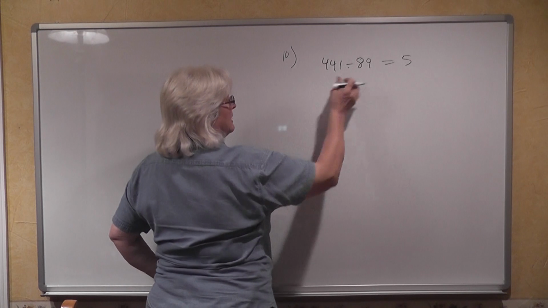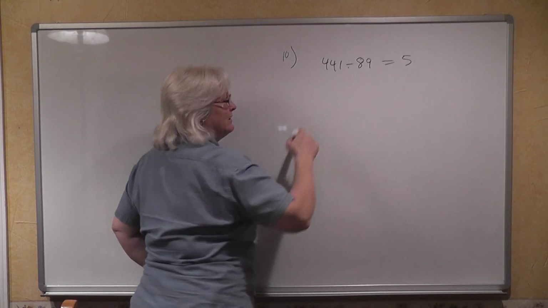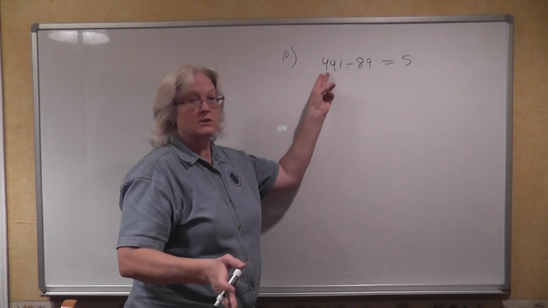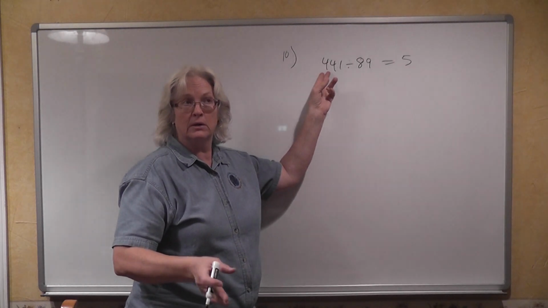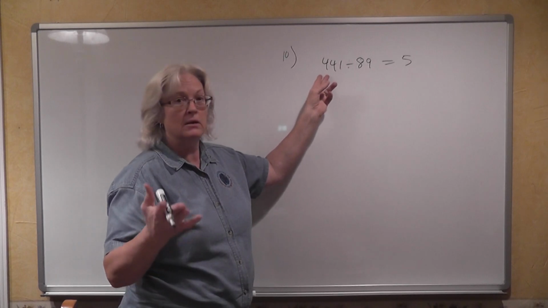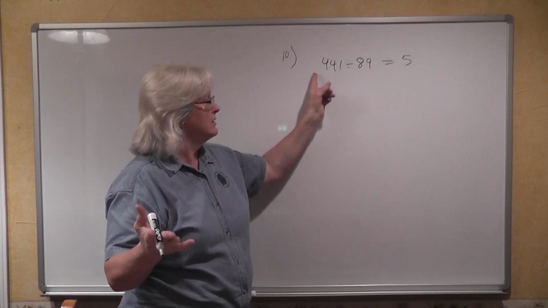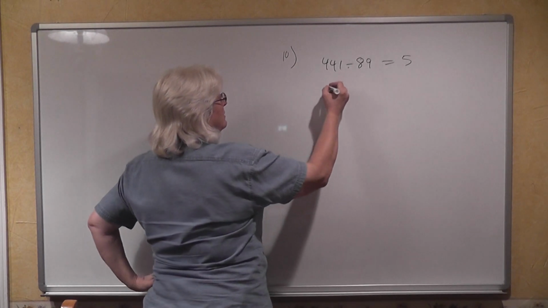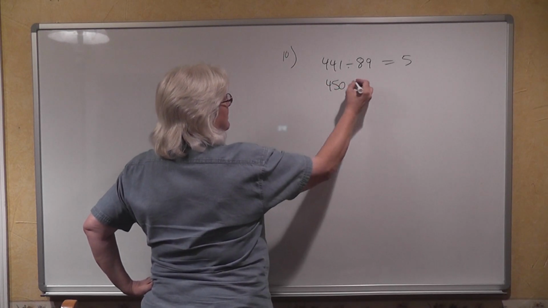So this is a 90, or a 9. 9 times what? It's going to get us close to 44. Well, 9 times 4 is 36. 9 times 5 is 45. We're going to round 441 to 450.